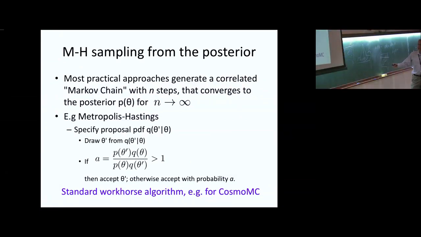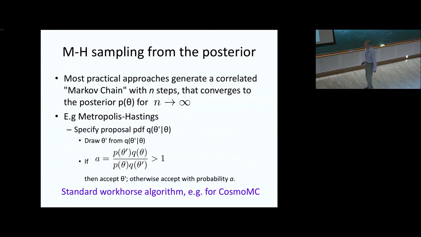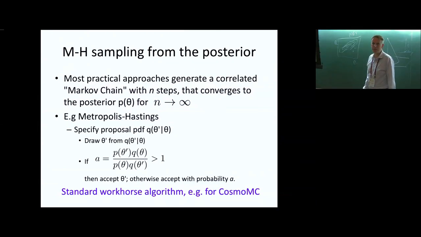And then the algorithm is that if this acceptance ratio is larger than or equal to 1, then you accept this proposed move. Otherwise, you accept with probability A. A is always positive. It's only got positive stuff in it, so it's between 0 and infinity. If it's less than 1, then you interpret it as a probability, and you accept that proposed move with probability A. That means there's a chance that the next point in the chain is just again this point, if you don't accept it.